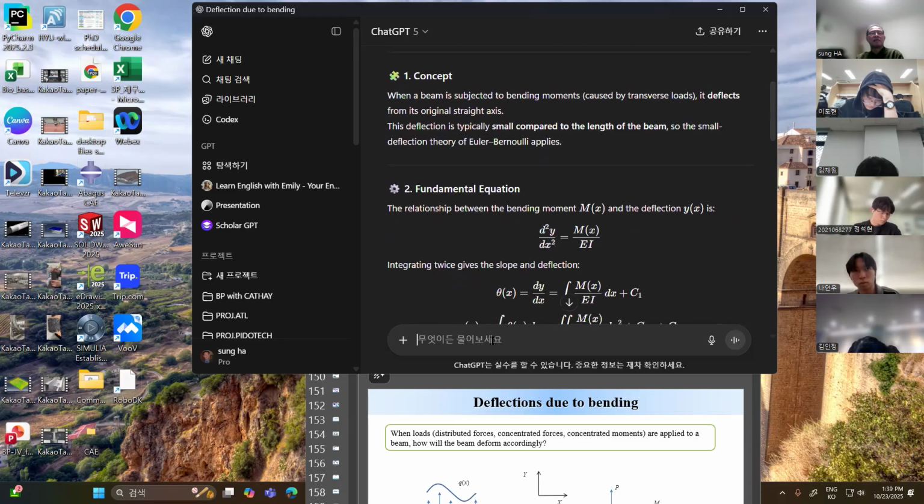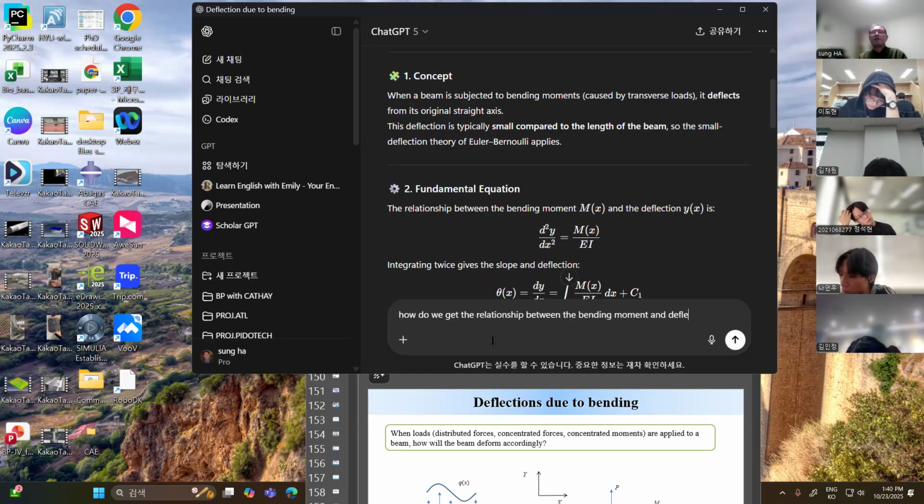Now let's ask how we get the relations between the bending moment and the deflection or curvature.